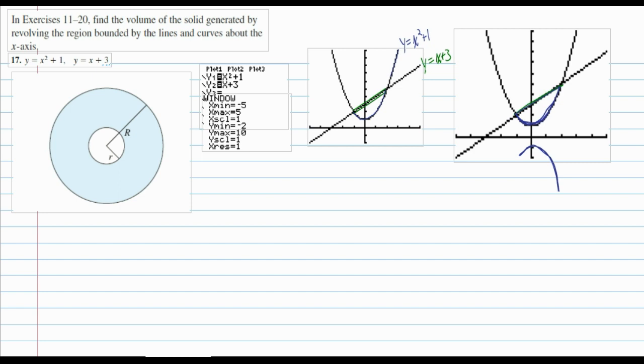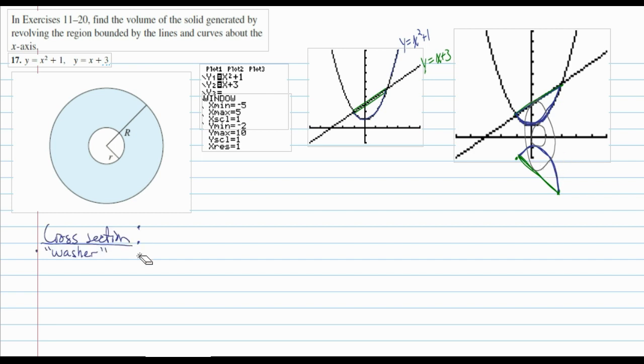Then I'll take the other part of the curve, the x plus 3 part, and draw that on the other side. Then I know that this is a revolution, so it's going to create a circular shape. So I'll draw a circle connecting the two inside pieces and then a circle connecting the outside pieces, so you can see what happens to each piece, and you can get that the cross section is going to be a washer.